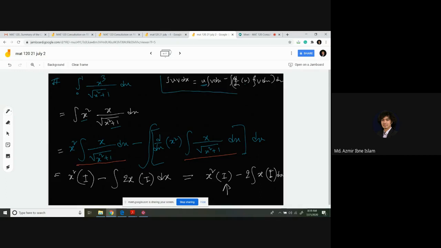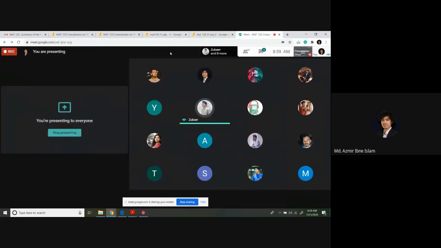Yes, sir. So, just for the simplicity of the calculation, we can find I at first, then we can plug it in again here. So let's find this one, and then finally we will input the same part here, then we'll get the final answer. So now our focus is on this. Everyone, do you understand what I am saying?